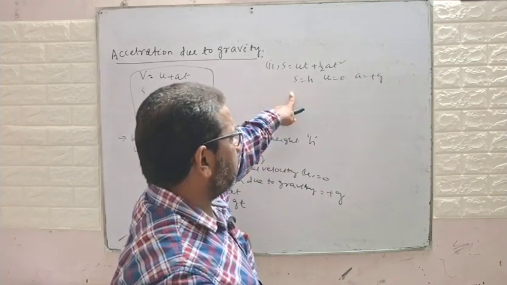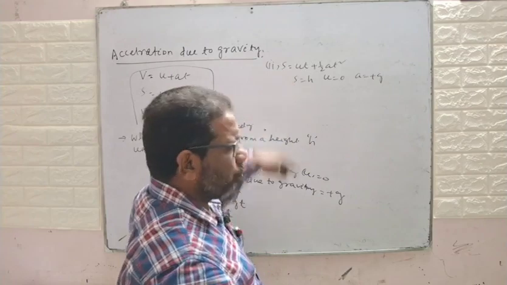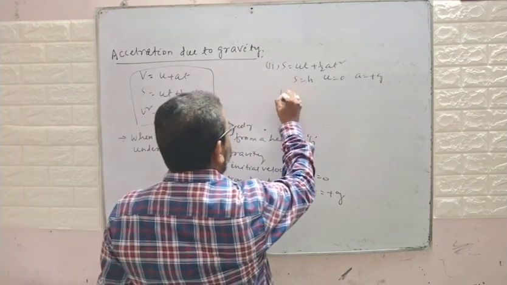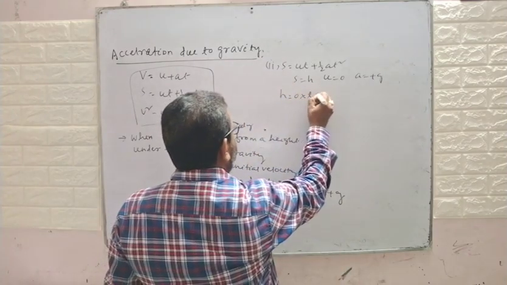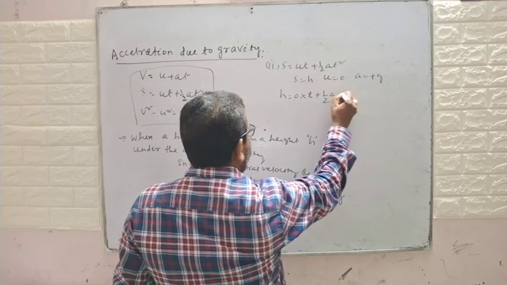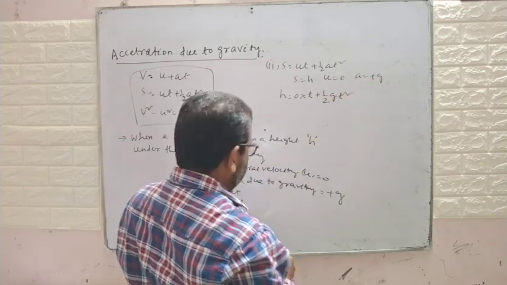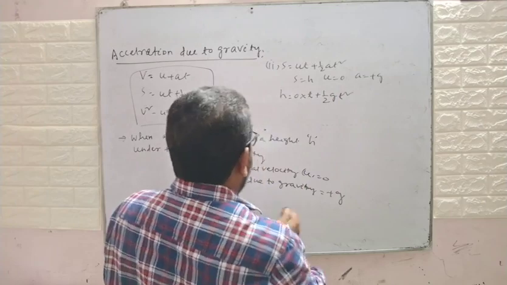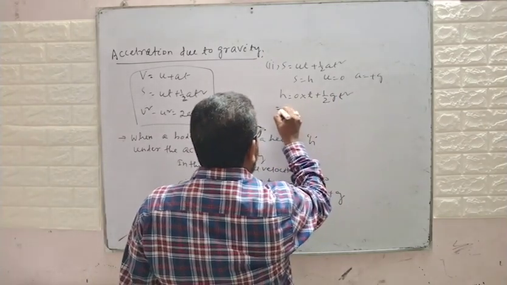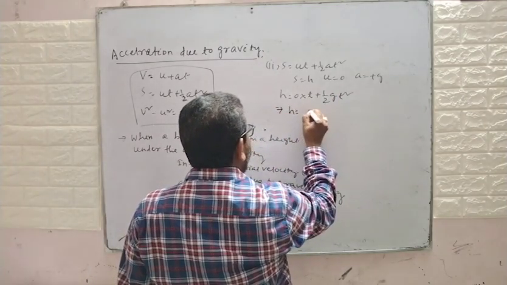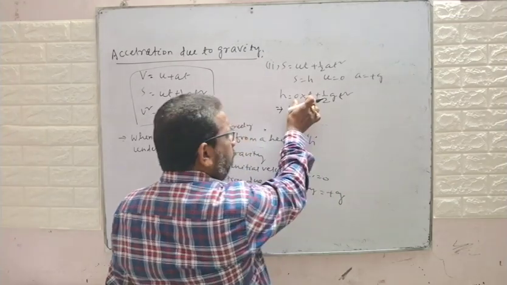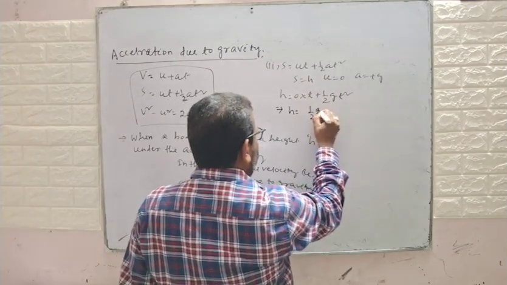If we put this in this equation, h is equal to 0 into t plus half gt square. That implies h is equal to half gt square.